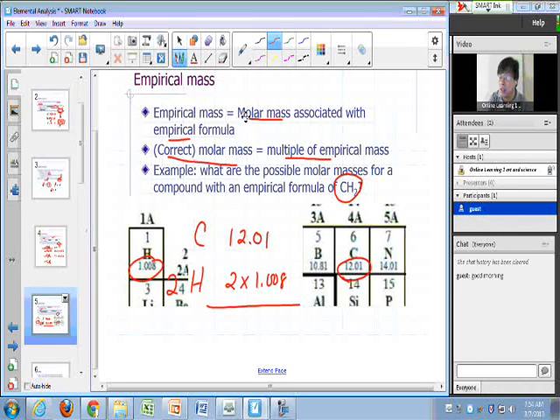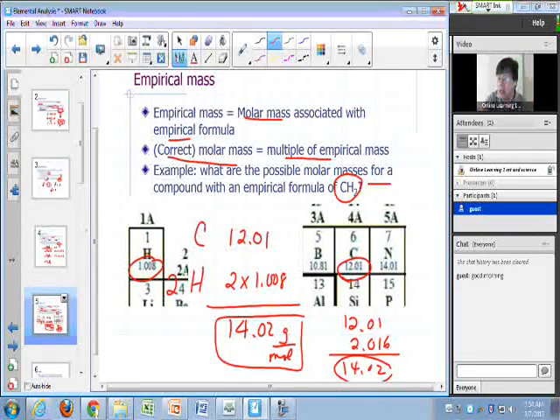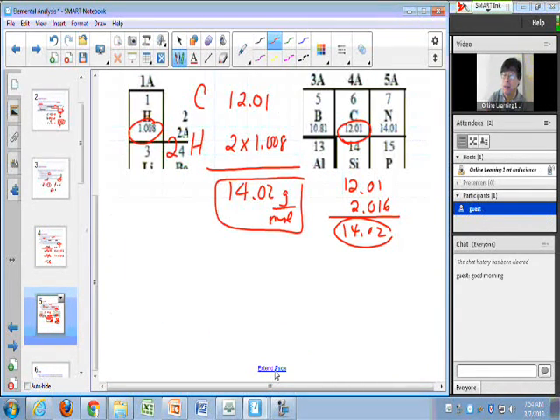If you add these up, you get how much? That's 12.01, and 2 times 1.008 is 2.016. So that's 14.02. Okay? So we say 14.02 grams per mole is the empirical mass of any compound that has an empirical formula of CH2. All right? So what would be the possible molar masses?